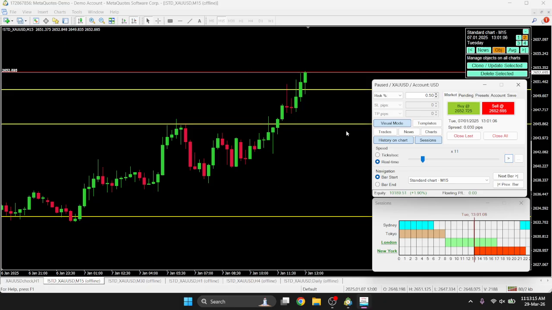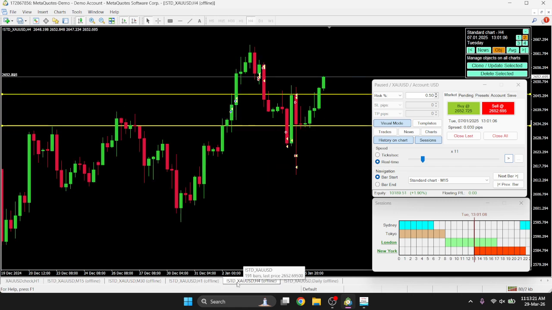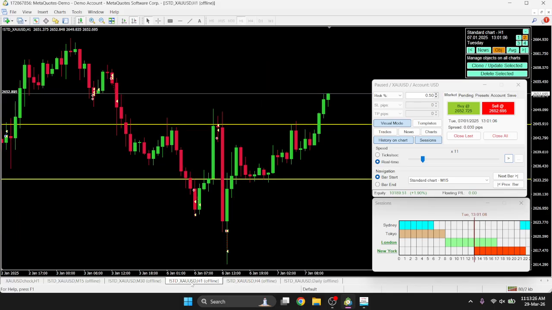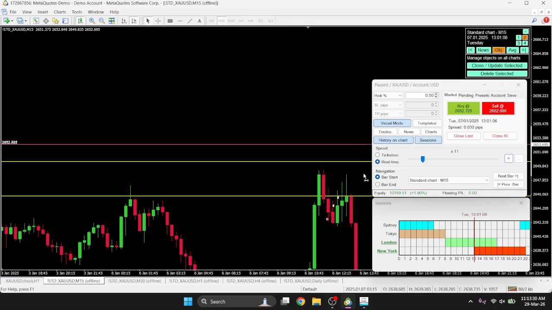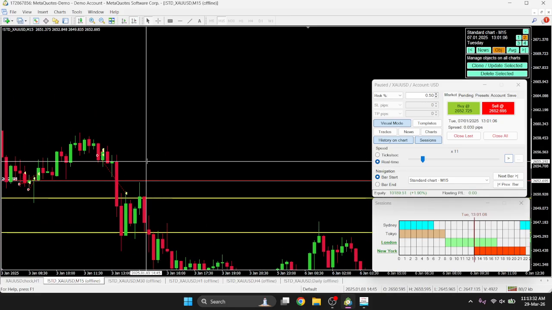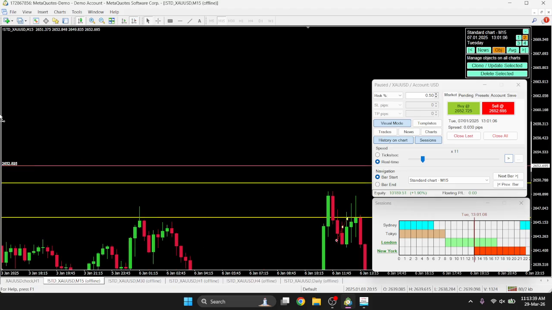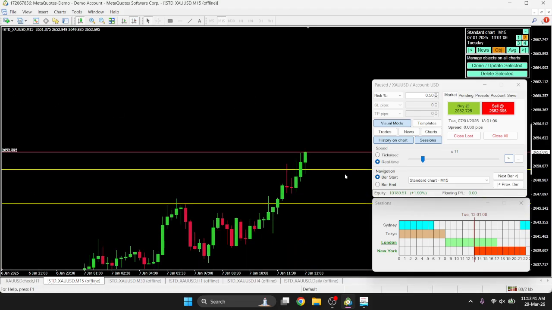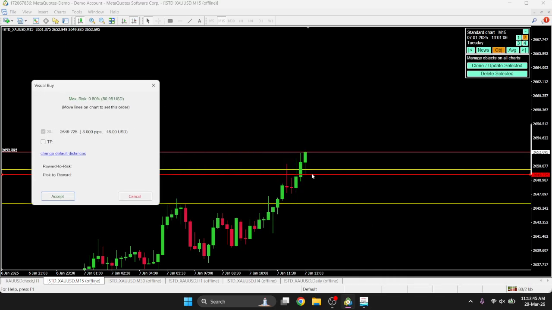Okay, it's just breaking the previous candle high, and I am entering with 0.05. It's a trend continuation trade. Okay, maybe I should enter, but the range is not very big. This is a small range. We can get just 24, 25 pips, 1 to 1. So I'm just entering here.